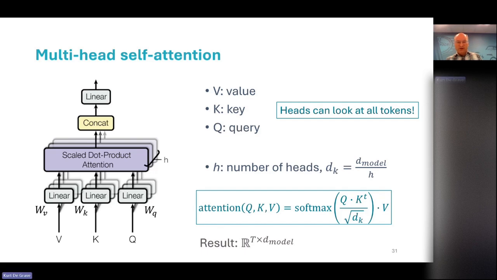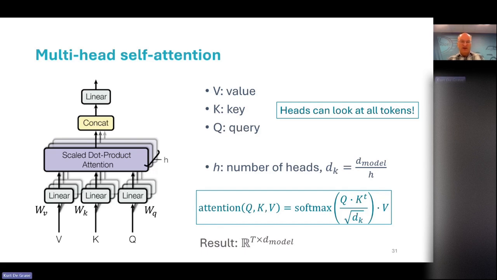Here, there's a multi-head concept. That is, you get better results when you split your attention among the dimensions. So the dimensions of the encoding are split into equal parts, and each part is presented to another head.